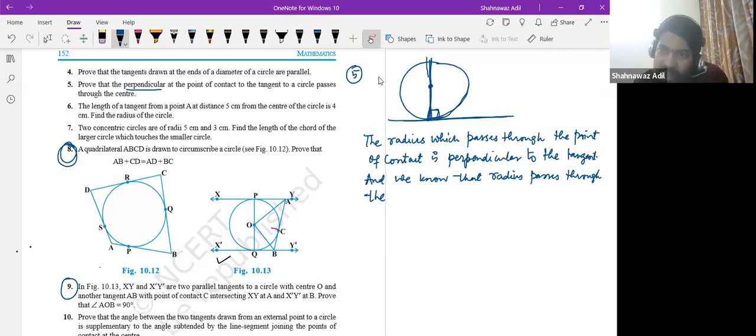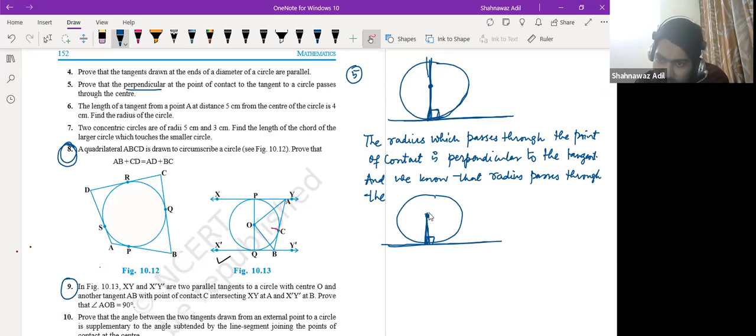Yeah. So if we write the theorem, theorem 10.1 says that if you make a radius, the radius would be perpendicular to this tangent. So that is the theorem, right? They have already given that you have a tangent, and at the point of contact you draw a perpendicular line. So we know that that perpendicular is the radius.